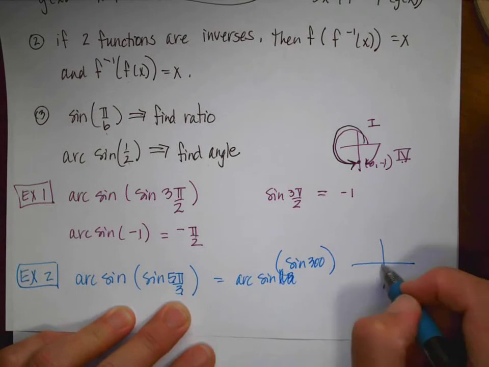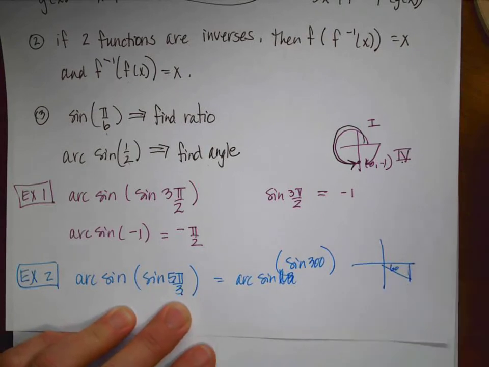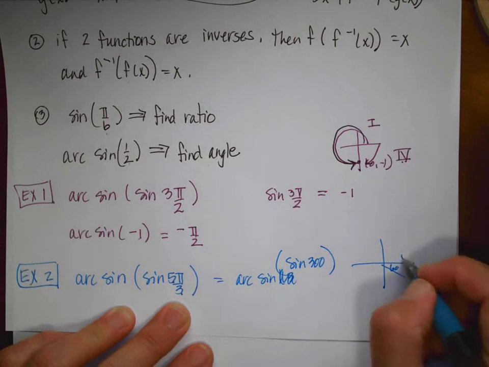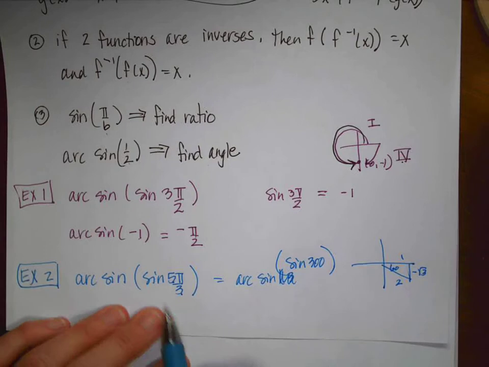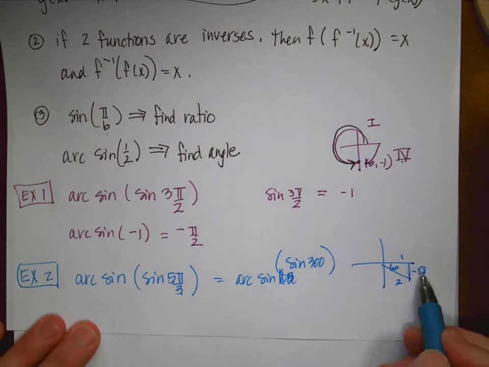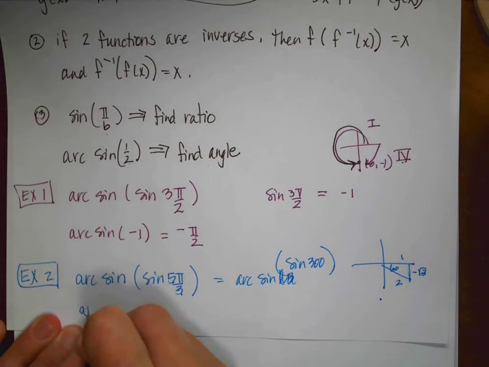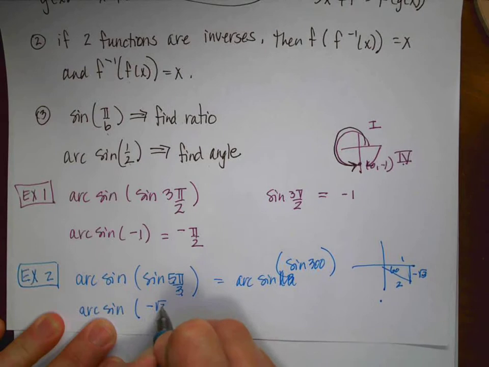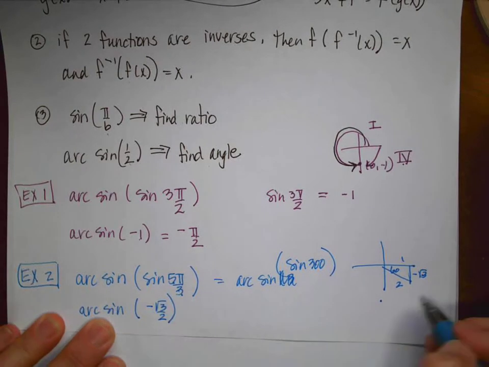So I draw my cute little picture. 300 is going to be 60 degrees shy of 360. So this is negative radical 3, 1, and 2. So the sine of this angle is negative radical 3 over 2. So I'm going to do the arc sine of negative radical 3 over 2.